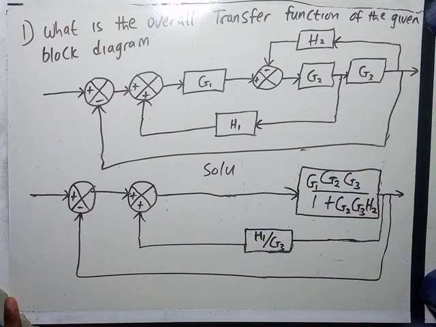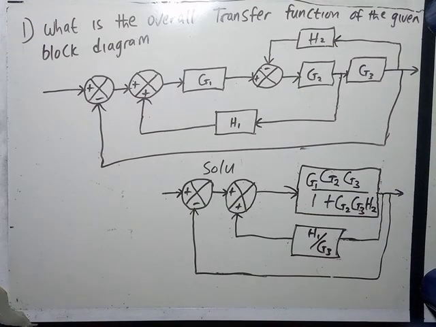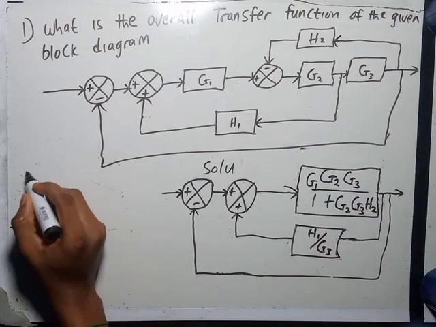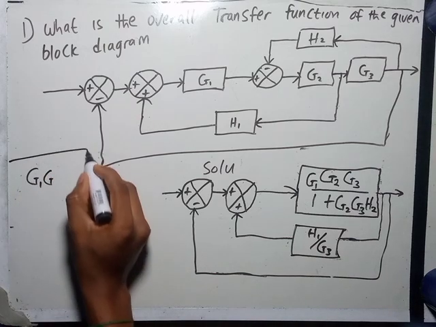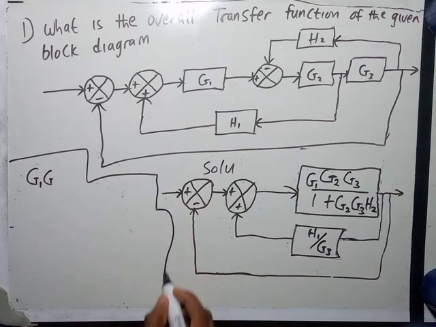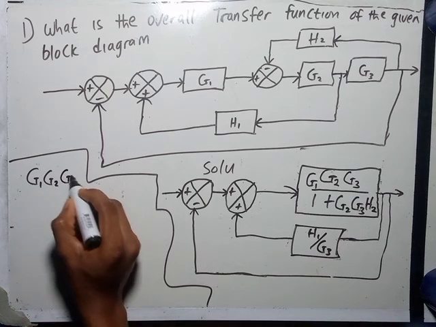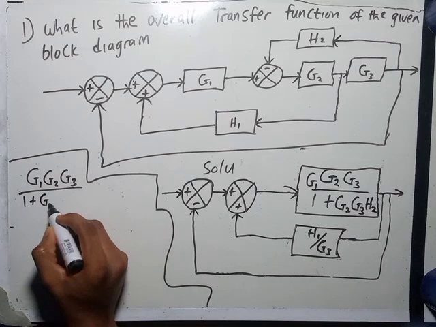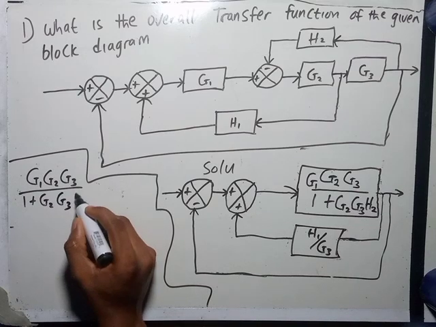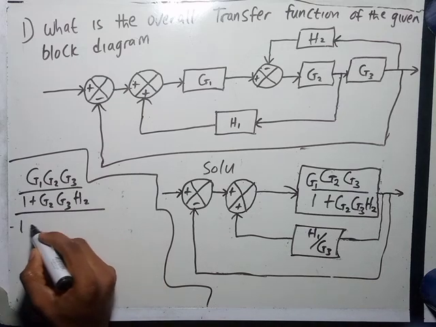Now we have to simplify it. So because of that, I will be kind of cleaning it. So we are having the one on top, G1, G2, G3 over 1 plus G2, G3, H2 all over 1.